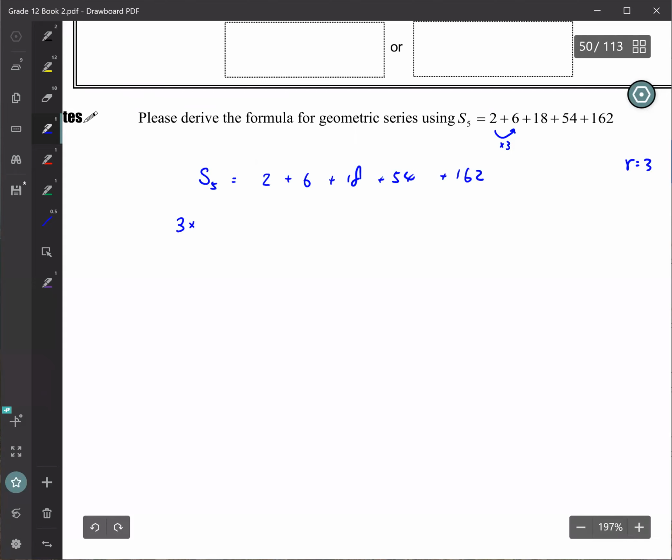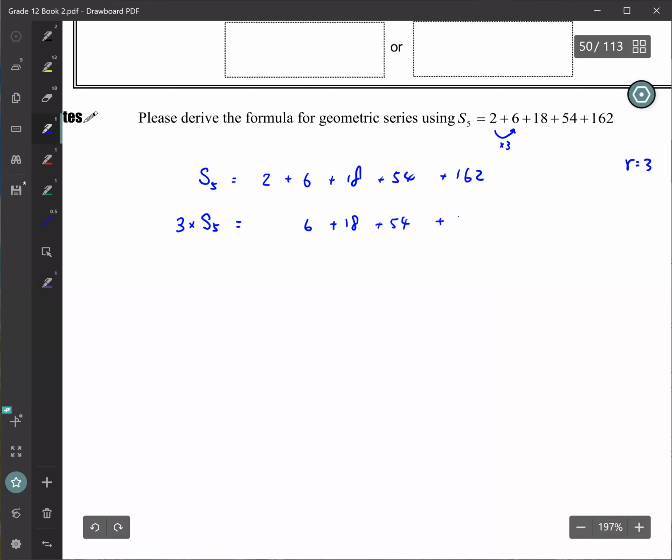3 times, because ratio is 3, right? So 3 times S5. So if I do that, then every single term will also multiply by 3, right? So 2 times 3 will give you 6, right? 6 times 3 give you 18. Right? So it's kind of shifting all the terms by one more, right? Plus 54, 54 is 18 times 3.